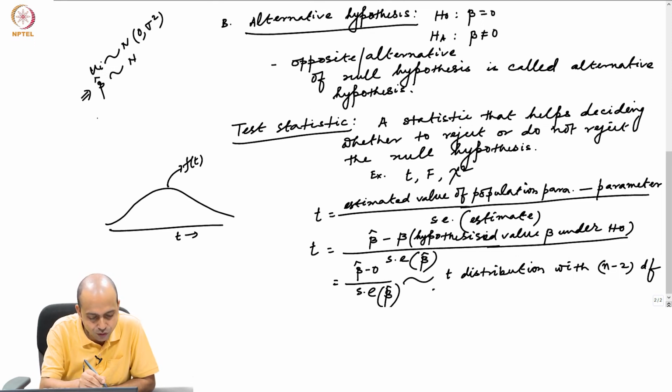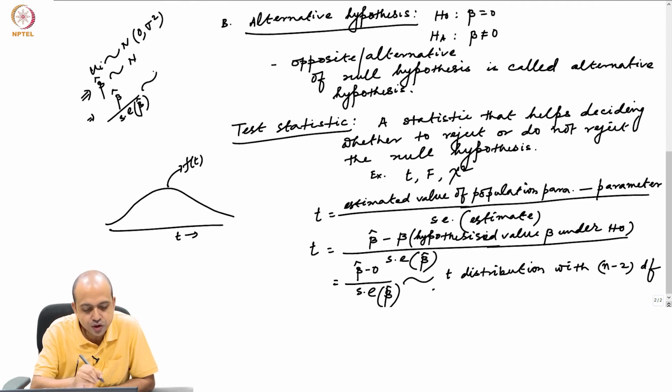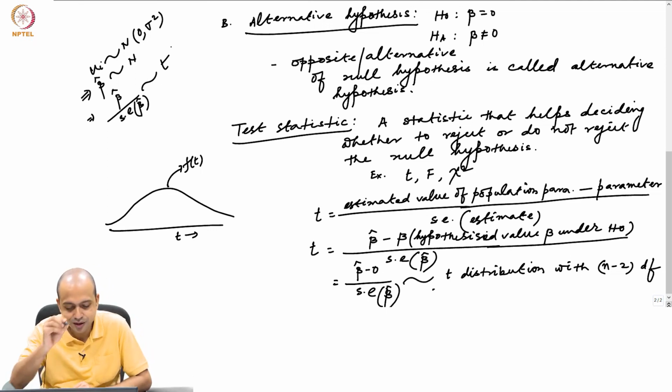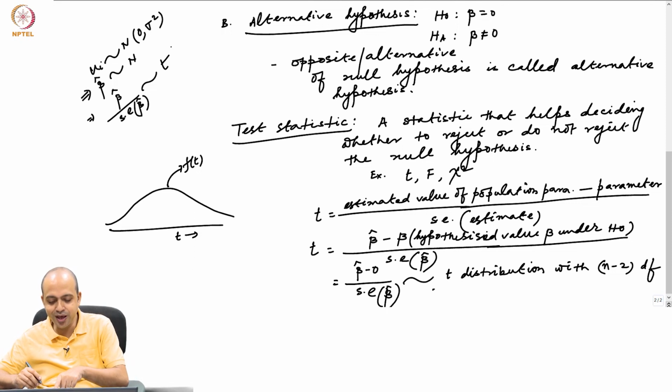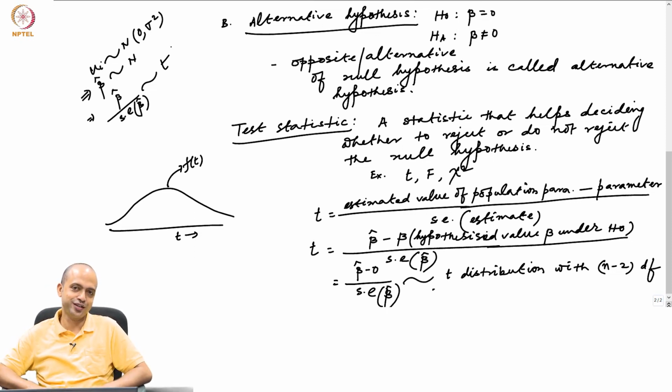And when beta hat follows a normal distribution, obviously beta hat by standard error of beta hat will also follow a distribution which is similar to normal, but with a little flatter tail, because we are dividing that with standard error of beta hat. Is this clear? So, ui follows a normal distribution, that is why beta hat is also following a normal distribution.